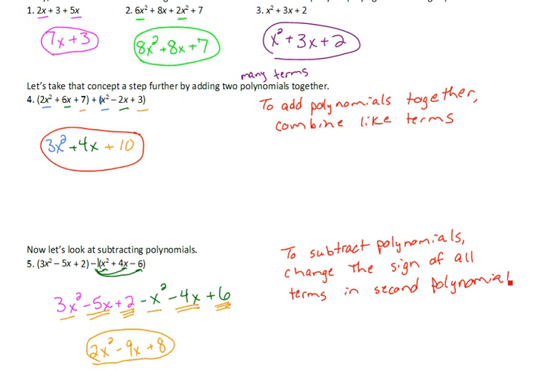Because isn't that what we did? We changed a positive to a negative, a negative to a positive. You could say that we distributed, same thing. So we changed the sign of all terms in the second polynomial, and then combine like terms. So those are the two rules that we are going to work with.